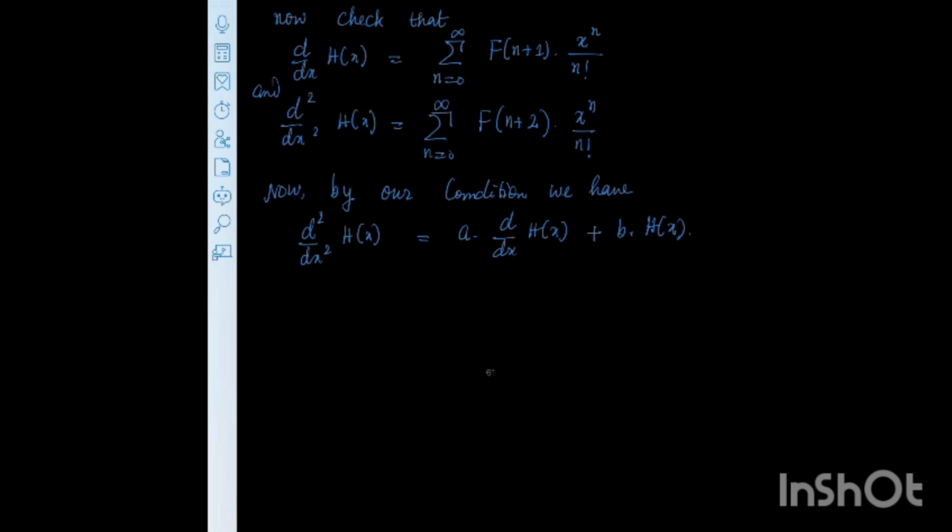So we want to find the general solution of this second order linear differential equation.